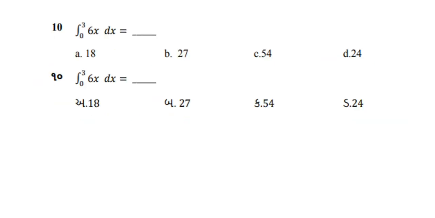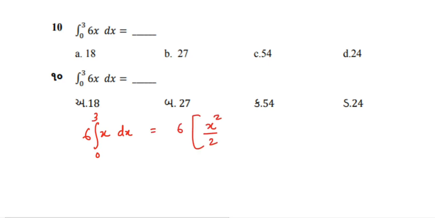Coming to the next question, question number 10, it is very simple. Integration, and they have given the limit from 0 to 3, 6x dx. The integration of a constant number, this 6 will be outside, and integral of x dx from 0 to 3, and integration of x is x square by 2.